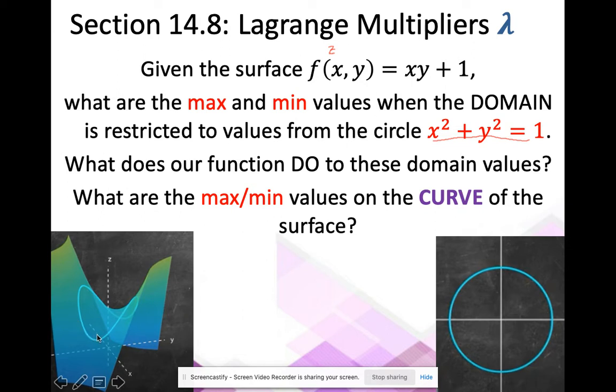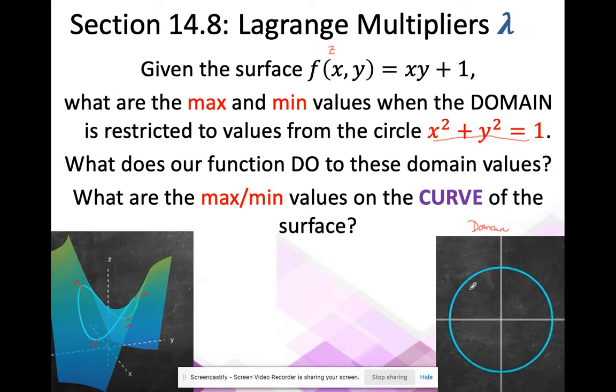That light blue curve is a result of using all of these x, y's in my function. It looks like there is a maximum value here, a maximum value here, a minimum value there, and a minimum value here.